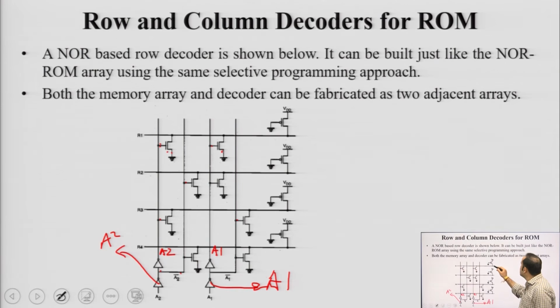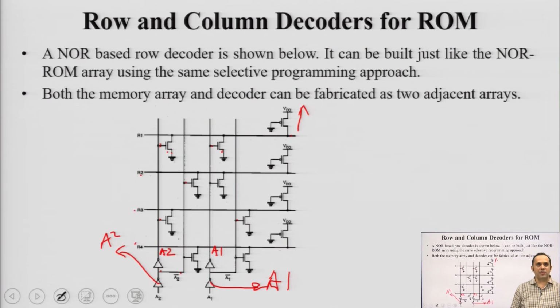This R1 is connected here to a PMOS whose gate is grounded. Because the gate is grounded, this PMOS is always on. This pulls itself up to VDD. So, R1 gets selected. Similarly, for 0 1 R2 gets selected, for 1 0 R3 gets selected, for 1 1 R4 gets selected. So, this is a NOR based circuit for implementing a row decoder, which helps you to access the row address location, which row I am going to access. This is for the read operation of a read only memory.